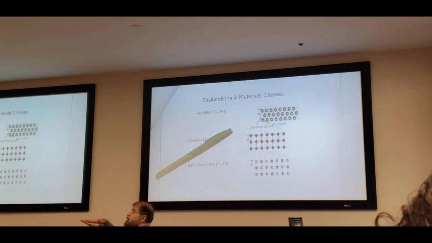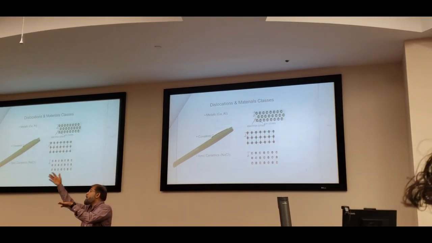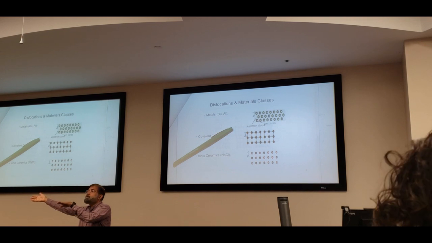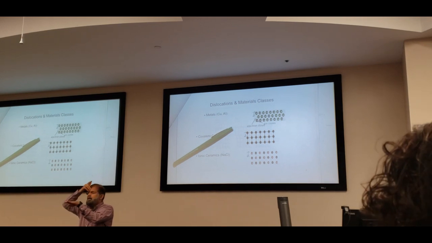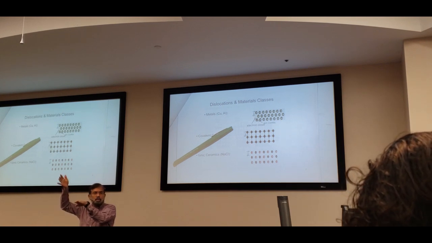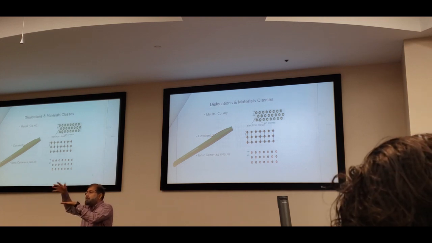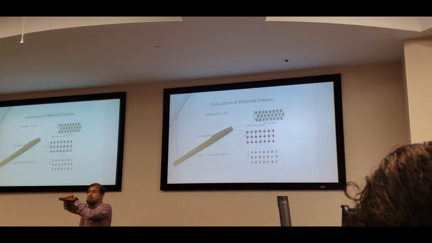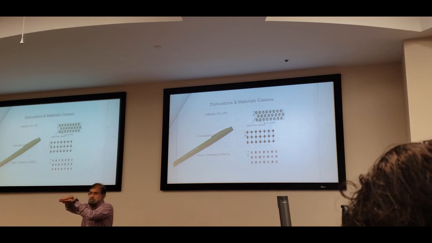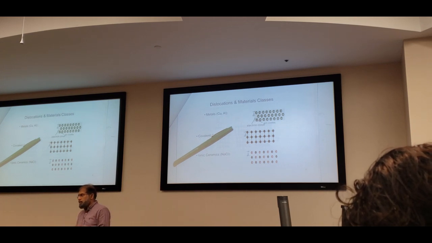Is it easy for the atoms to slip in the case of a metallic bond or an ionic bond? What is an ionic bond? Ionic bonds are in all the ceramics, like sodium chloride, aluminum oxide, or those types of materials. Is it easier for a plane of atoms to slip in a metallic bond or an ionic bond?